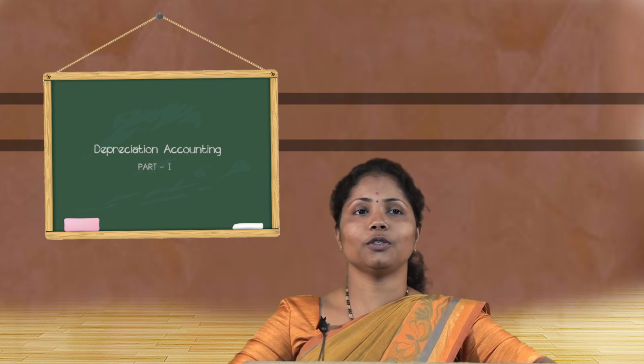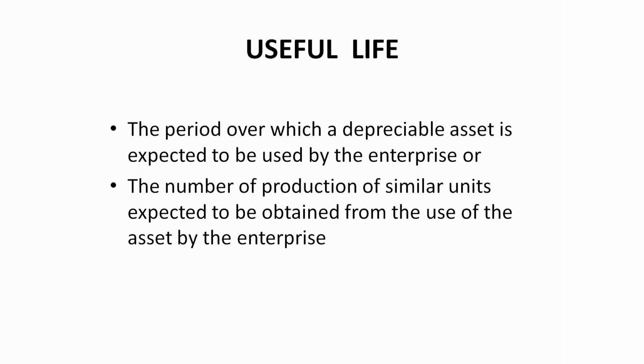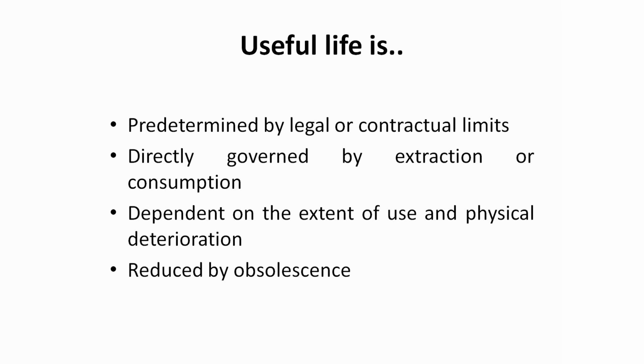Then let us know the meaning of useful life. The period over which a depreciable asset is expected to be used in an enterprise, or the number of production of similar units expected to be obtained from the use of the asset by an enterprise, is called as useful life.